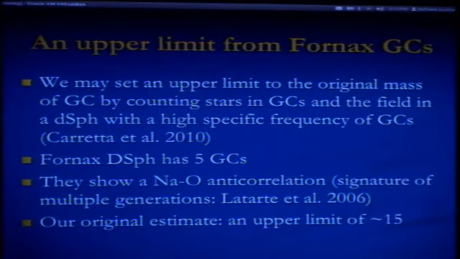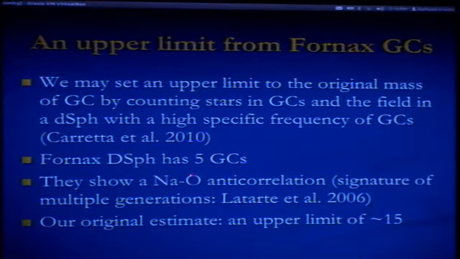Yes, but at least the specific frequency is defined against luminosity. And yes, it's like the key to understand what is going on. But the ratio, this very high ratio.